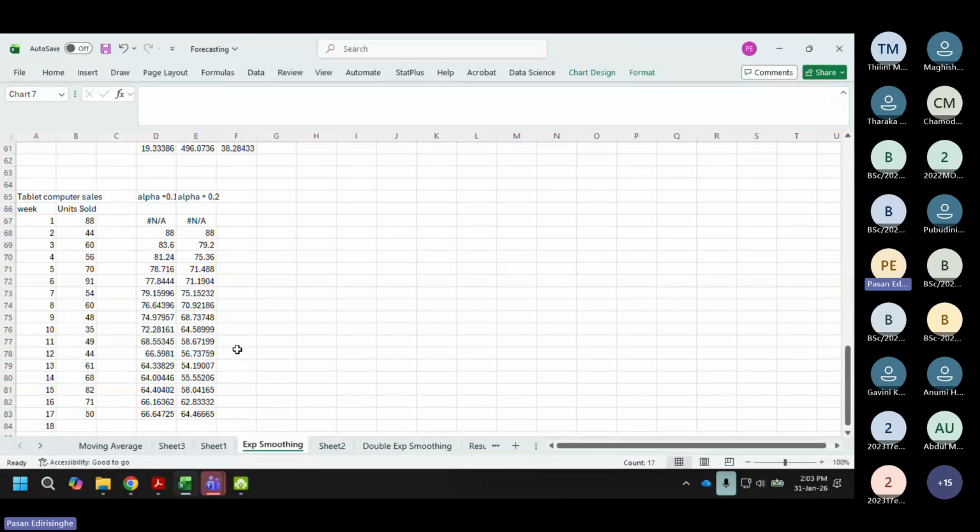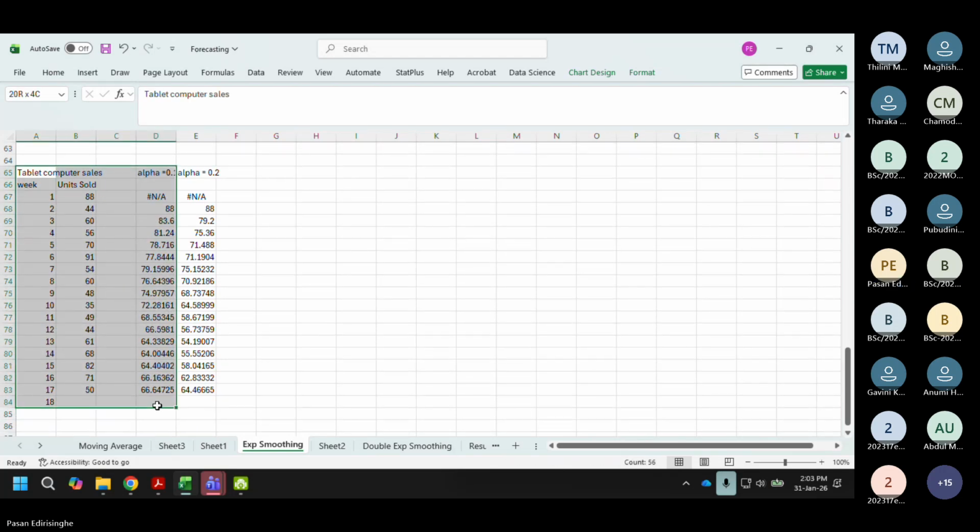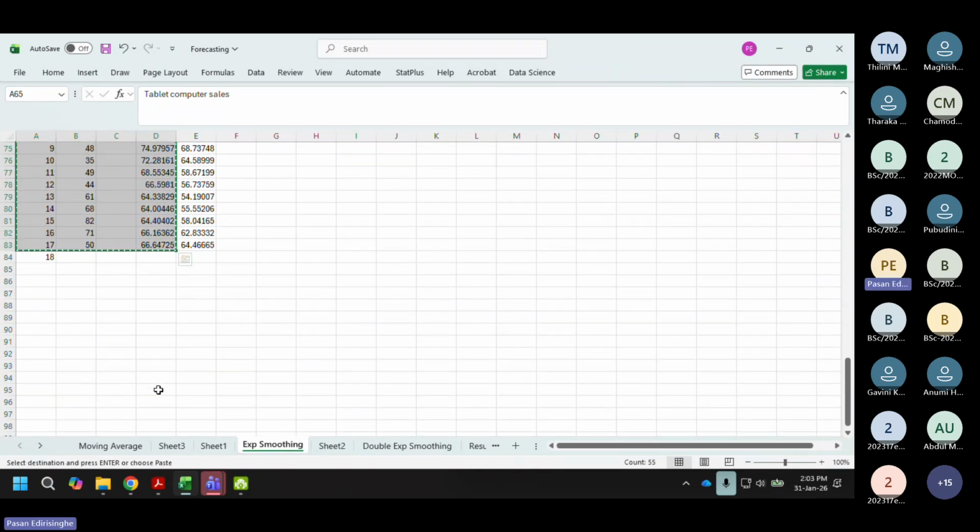And then similarly, like in our previous one, we can do some calculation for our error measurements as well. So let's do some calculation for the error measurement.